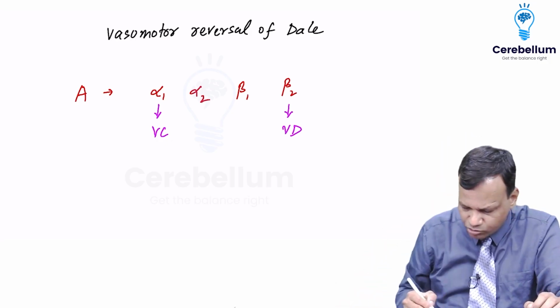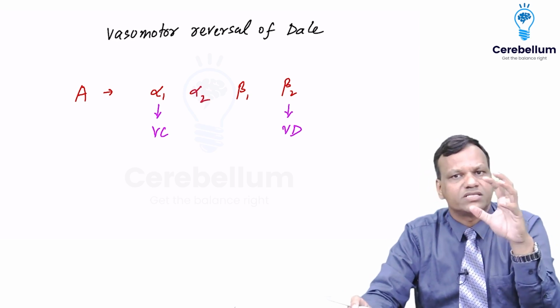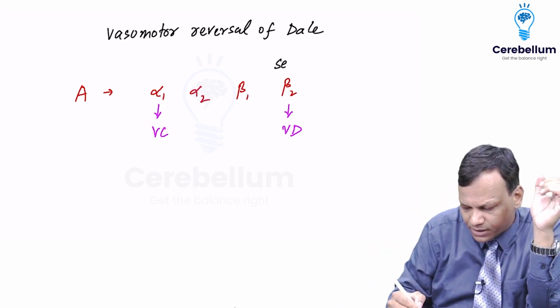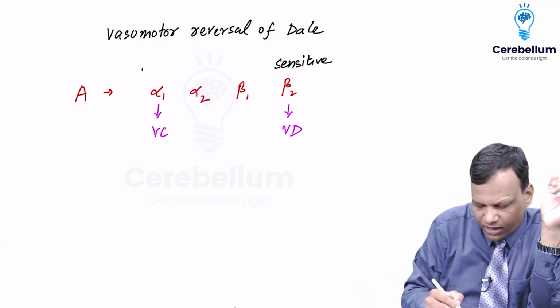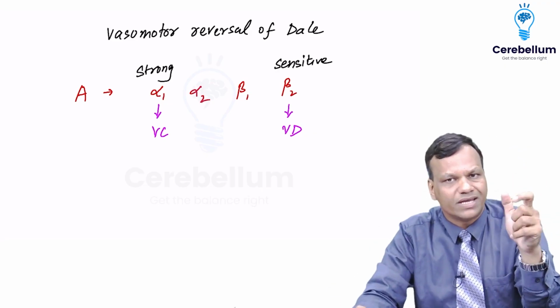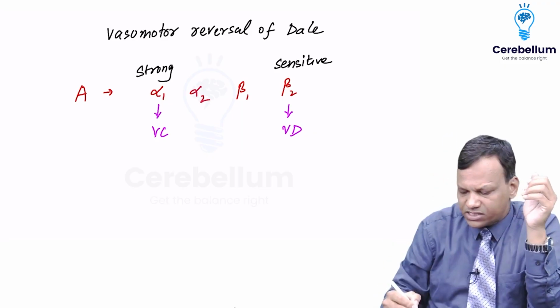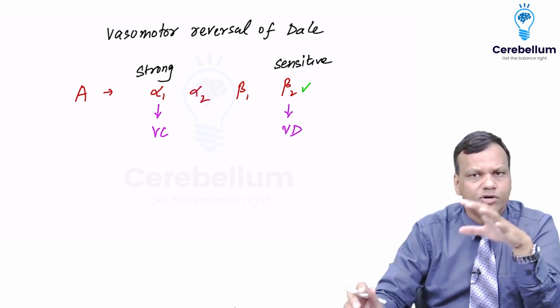Now, what is the special thing to remember? The sensitivity of alpha 1 and beta 2 receptors is different. To understand, just remember that beta 2 receptors are more sensitive to adrenaline, but alpha 1 are stronger. Even if we give a low dose of adrenaline, it can stimulate beta 2 because they are sensitive. At low dose, we cannot stimulate alpha 1.